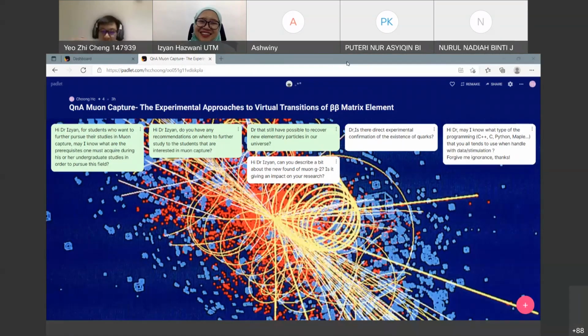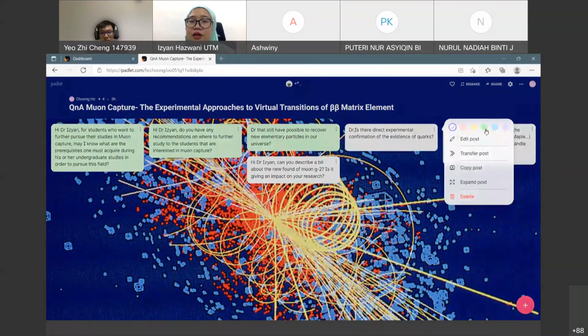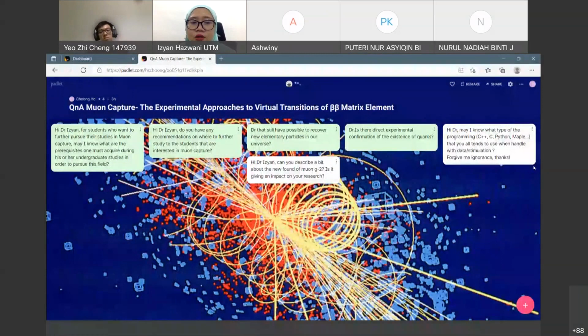Anyway, let's proceed to the fourth question. Doctor, is there direct experimental confirmation of the existence of quarks? Actually yes, for the quark, not muon.